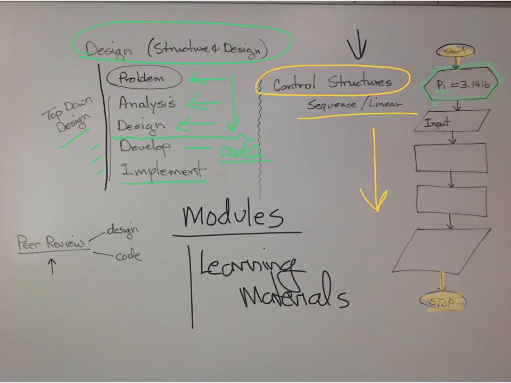For example, we let pi equal 3.1416. And this is not complete, but here we would input our information, process it, and then output the information. And we'll get into the details in there as we move along. It's really not too hard. But you notice the arrows touch the boxes. We flow down.